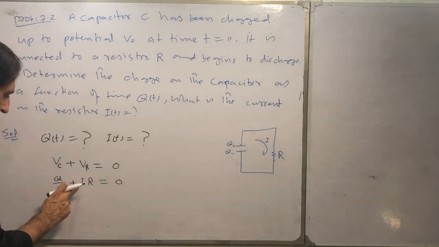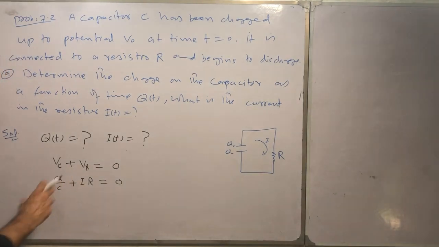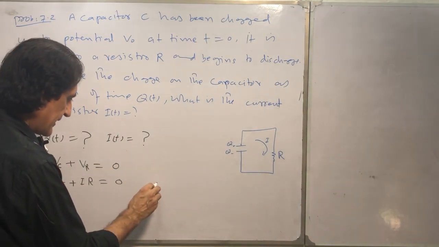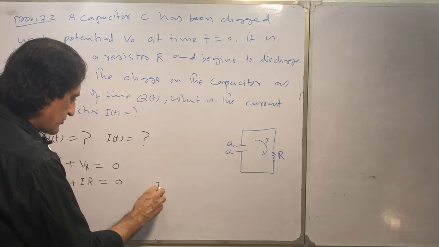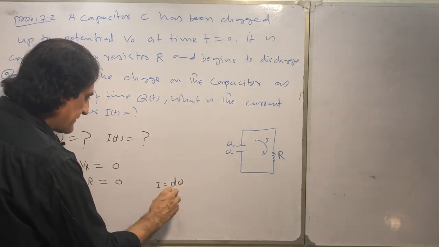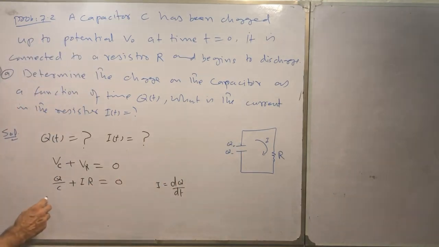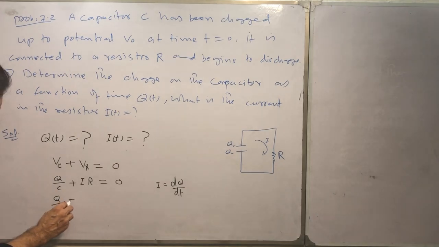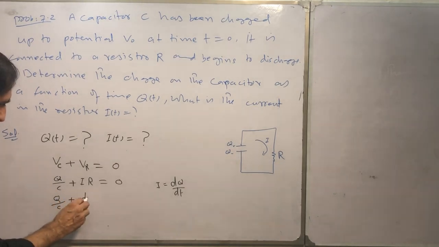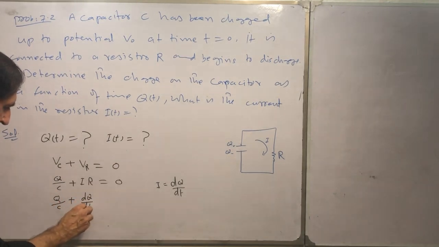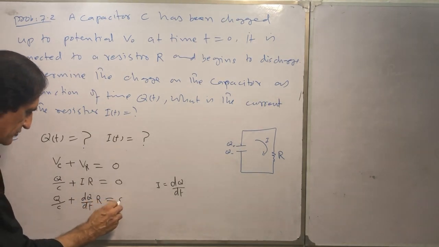And we also know that the current I is equal to the rate of change of charge. So I is equal to dq divided by dt. It means that q divided by c plus dq divided by dt times r is equal to 0.